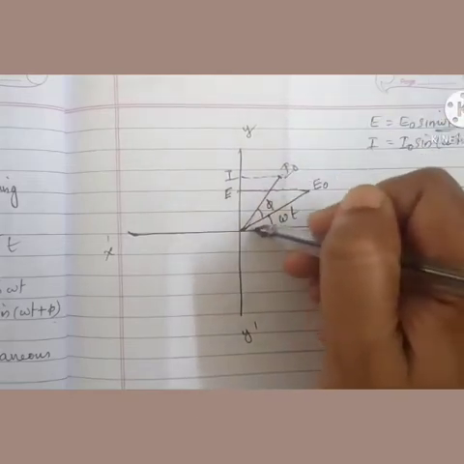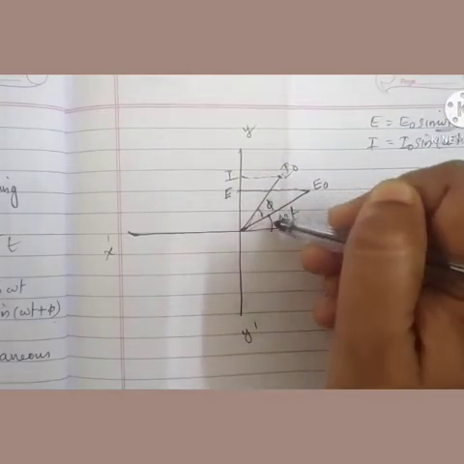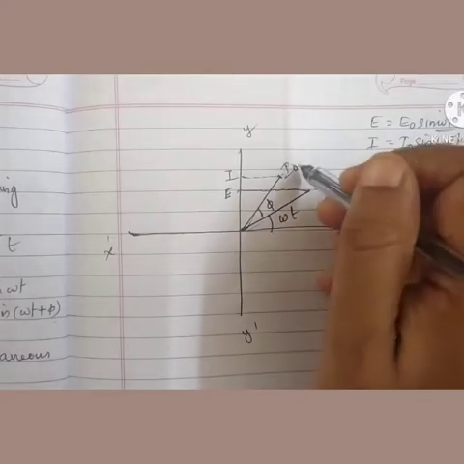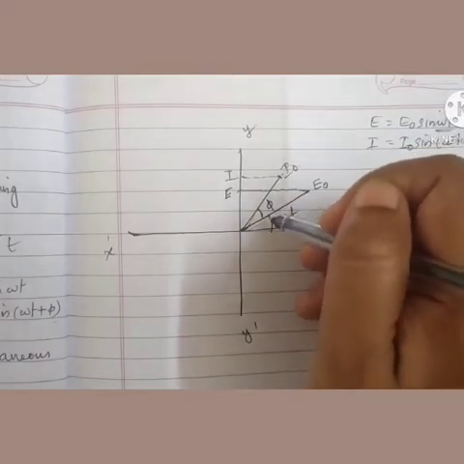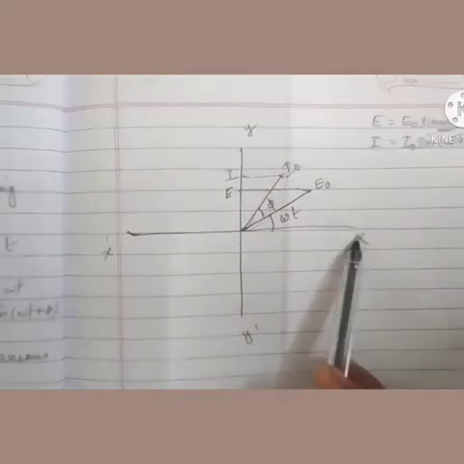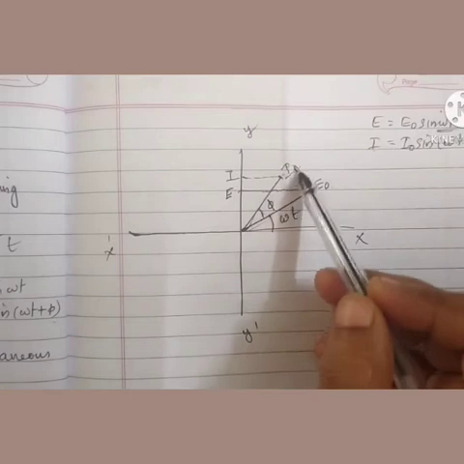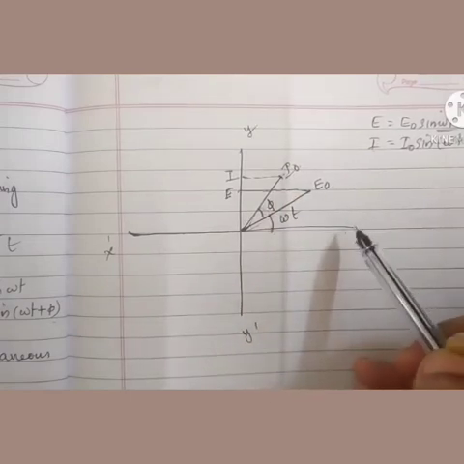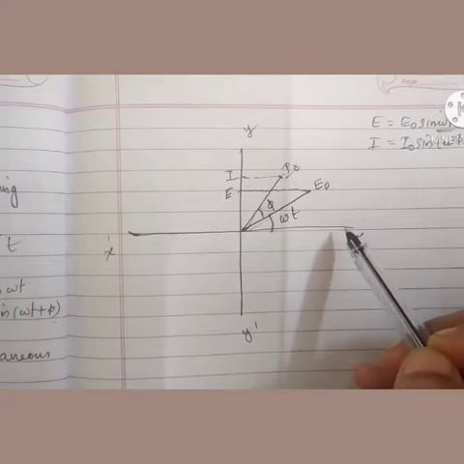So these are the phasors. These are the phase angles between them. That is, between E naught and I naught, there is an angle of phi. E naught is making an angle of omega t with the original value. And total I naught you can take it as omega t plus phi. Clear for you?